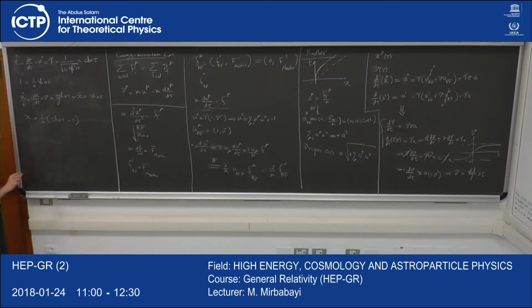So I fixed the integration constant so that at tau equal to 0, we start from x equal to 0. Okay, so this is the equation of motion for the linear observer, which is a hyperbola.